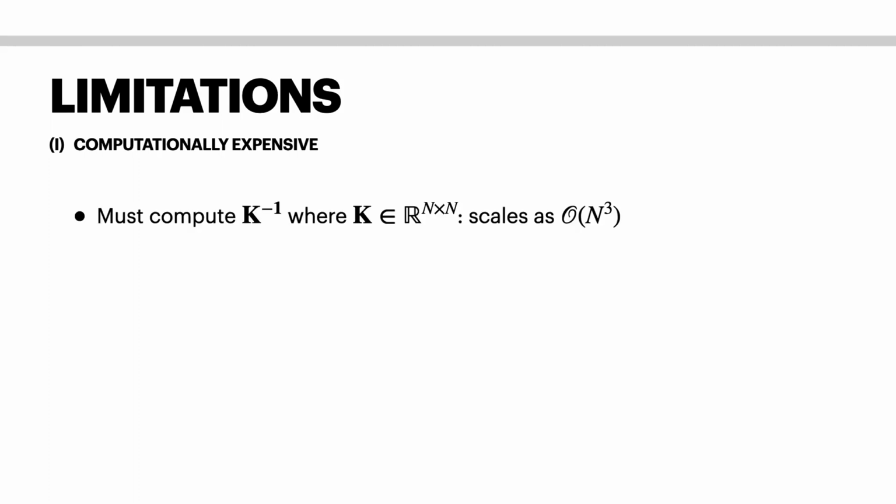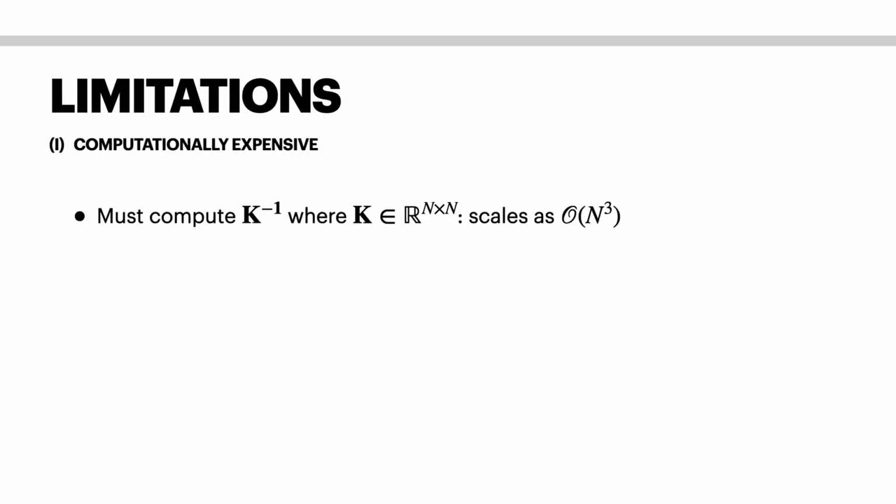The first and most well-known limitation is that GPs can be really computationally expensive. Regression with GPs requires inverting a covariance matrix many times. Matrix inversion is really expensive and scales like n cubed for n data points. Basically, GP regression is fine up to about 1,000 data points, but then n cubed becomes ridiculously big.